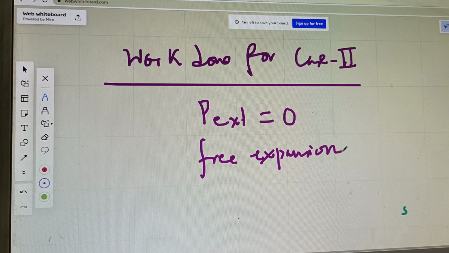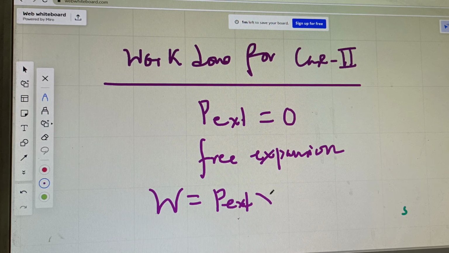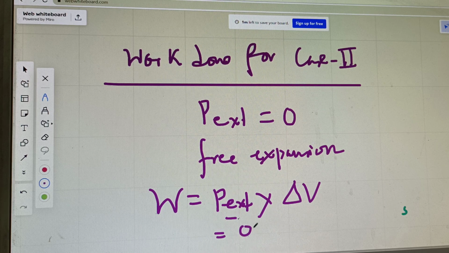For free expansion we calculate P external into change of volume. P external is 0, so the total is 0. So here work done is equal to 0.